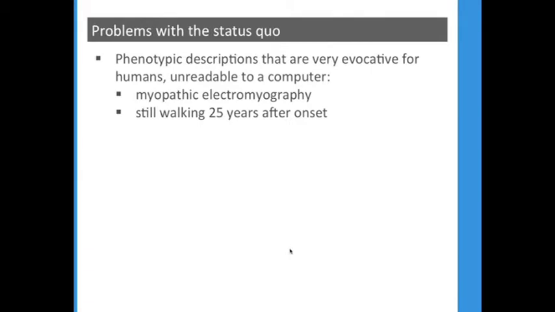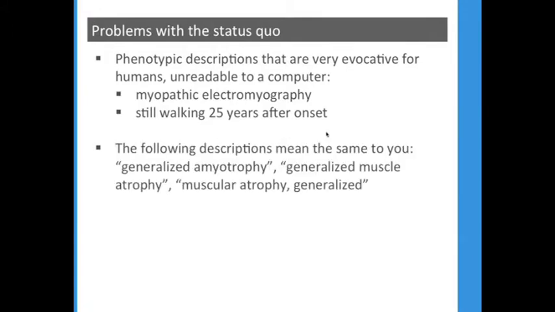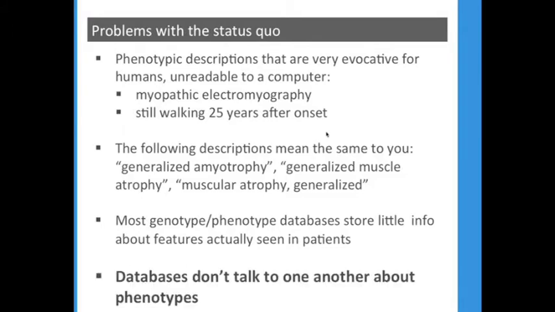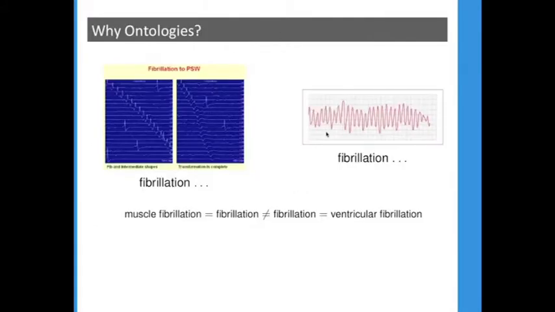There is the problem that the phenotypic descriptions that are good for humans don't make sense for a computer, and the fact that multiple terms can describe the exact same thing. As a result, what we noticed is that most genotype-phenotype databases store little information about features actually seen in patients. You have a lot of genotype data, it's great genotype data, but you don't know what really happened to the patient. So databases don't talk to each other about phenotypes.